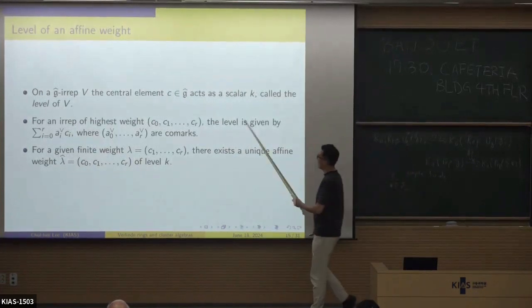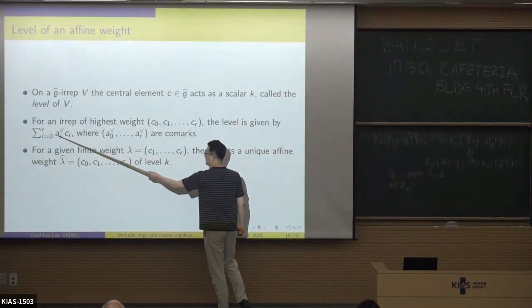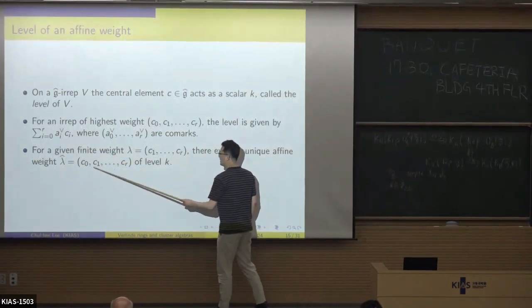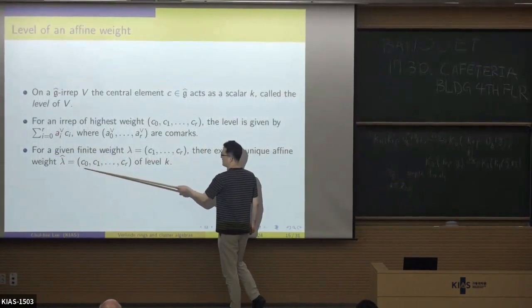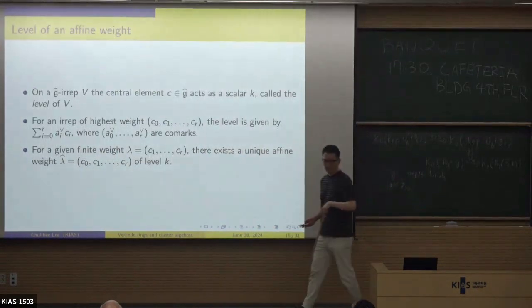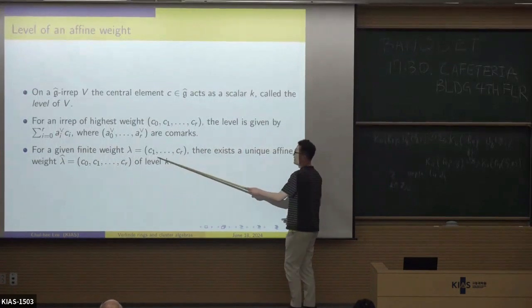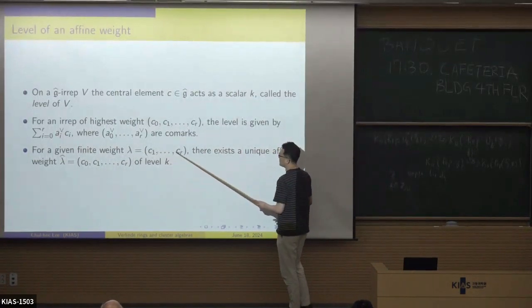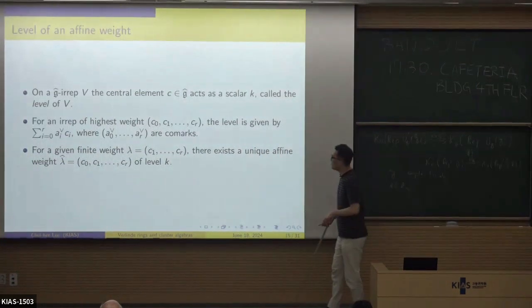Because the level is just the sum of these numbers, and this is a constant. And once this is defined, there's a unique way to find c0 so that this weight, or its representation, can be level k. So there's a bijection between the set of finite weights, or l plus 1 tuples, and affine weights of level k.